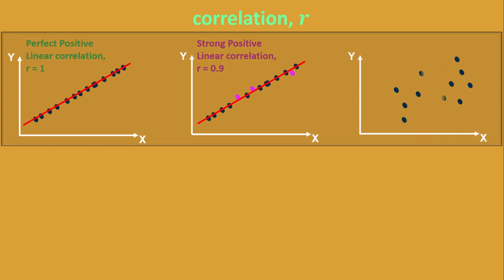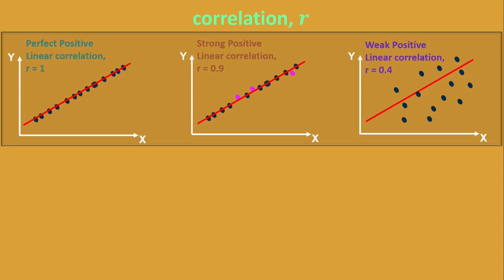Okay, how about like this? One point is very close to the line, right? So weak positive linear correlation. Maybe r is close to 0.4. That means when r gets close to 1, we say it has a strong linear relationship.